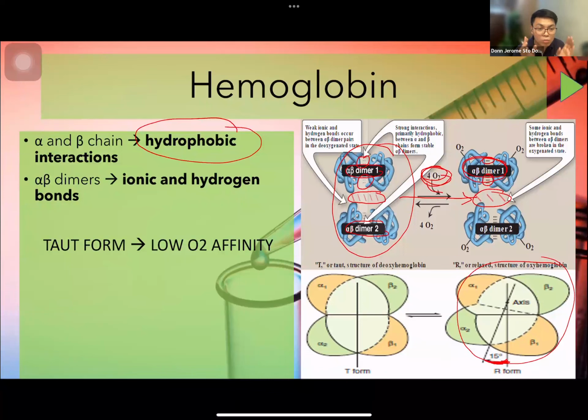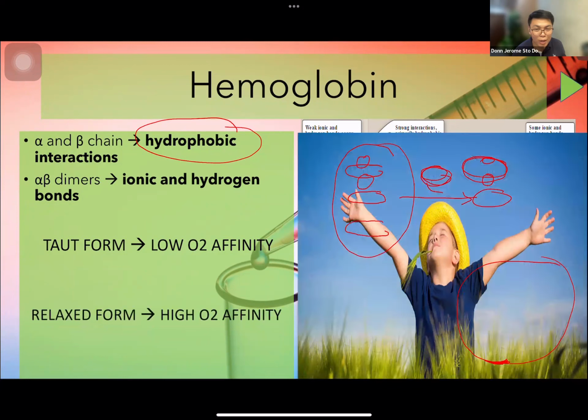Because of this movement, this facilitates the formation of the relaxed form of your hemoglobin, also known as the R form or the high oxygen affinity form. Imagine it like this boy with his arms wide open, ready to accept oxygen.